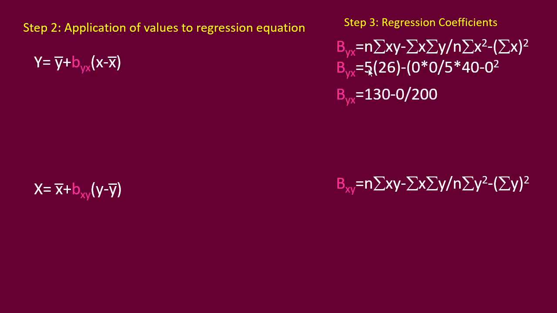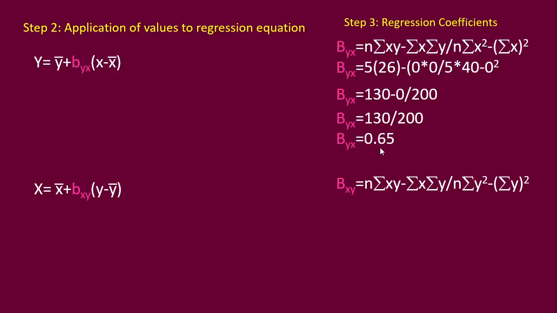Let me simplify this. 5 into 26 that is 130 minus 0 into 0, 0, whole divided by 5 into 40 is 200, 0 into 0 is 0. So then 130 minus 0 is 130 divided by 200.